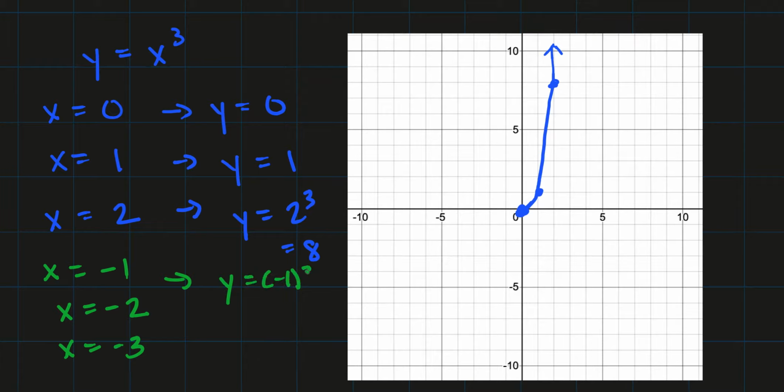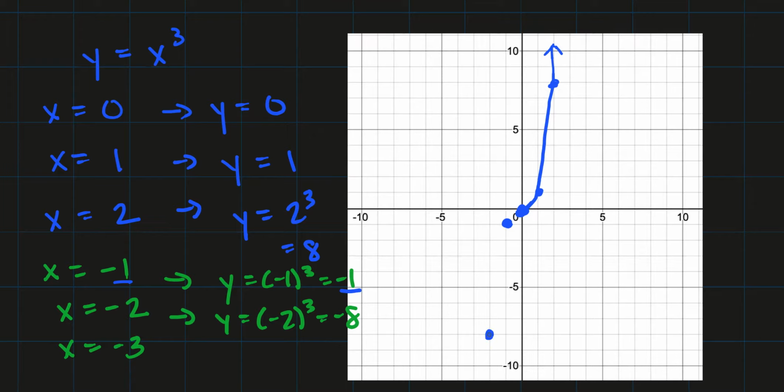So -1 cubed, that's going to be -1. So we're going to put a point at (-1, -1). Then you can do this, x is -2. You'll see that you'll get -2 cubed, which is -8. Okay, so we're going to put a point at (-2, -8) right here.